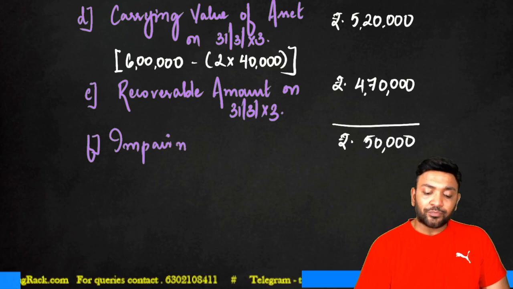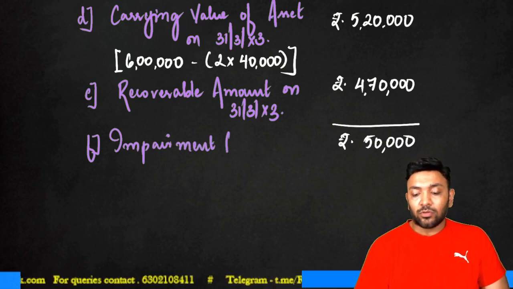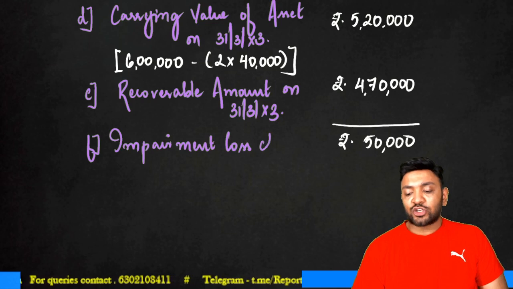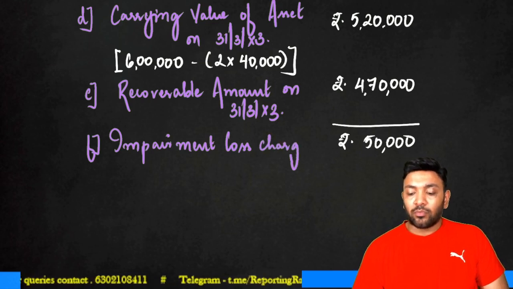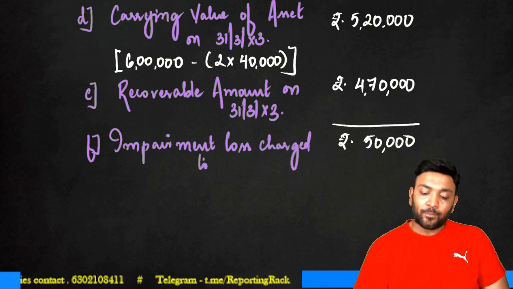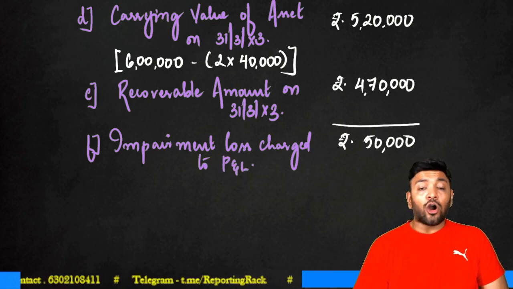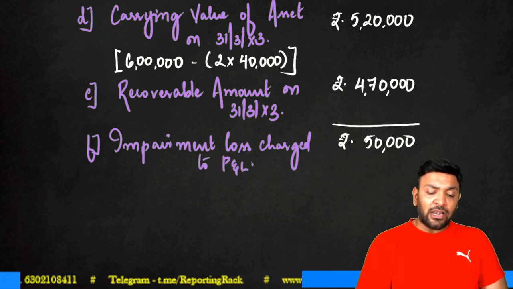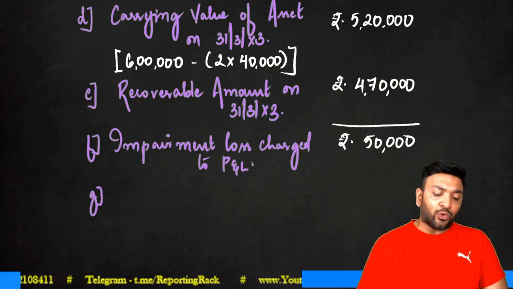Impairment loss charged to P&L. On that day after impairment, what was the revised carrying value?